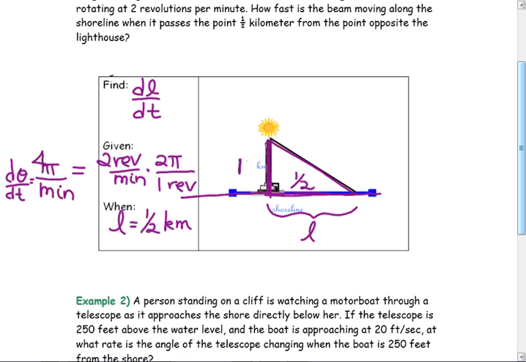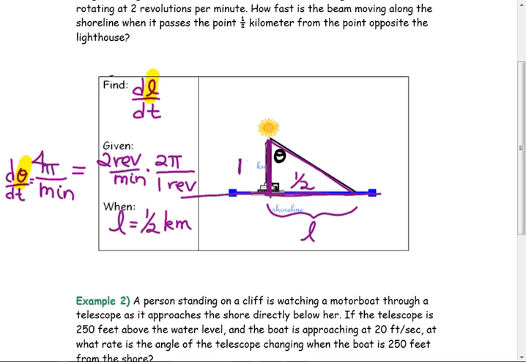Now, what do we want to relate? L and theta. I don't want the Pythagorean theorem because I don't have anything about this side at all. Okay, guys? Are you ready? What's the relationship between L and theta?